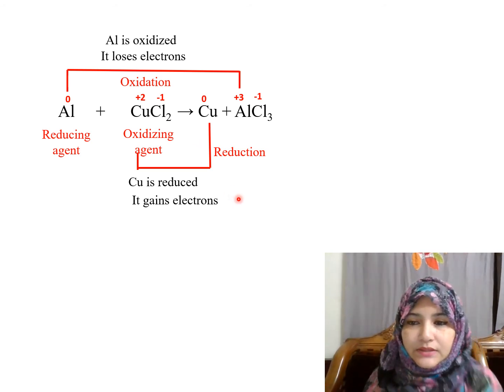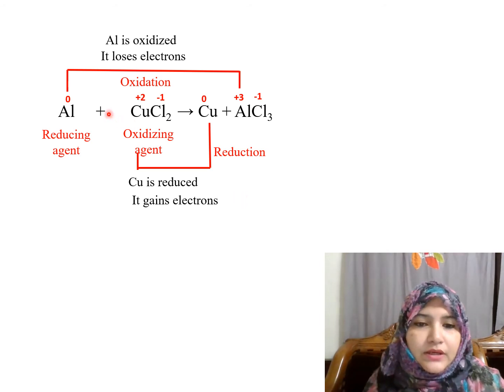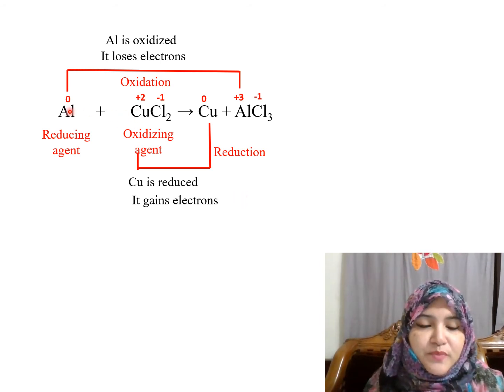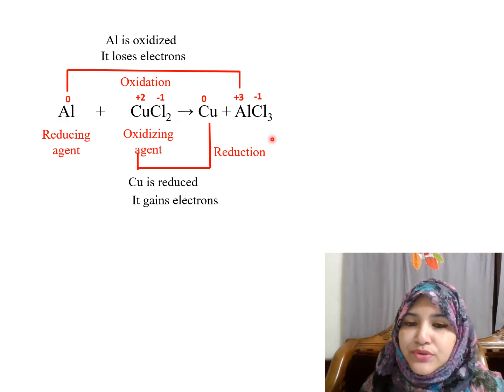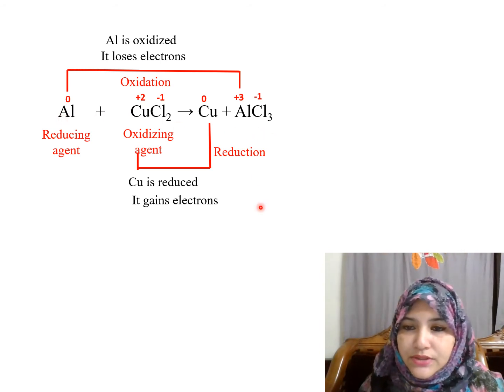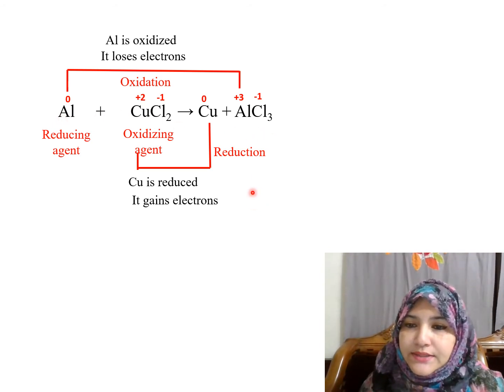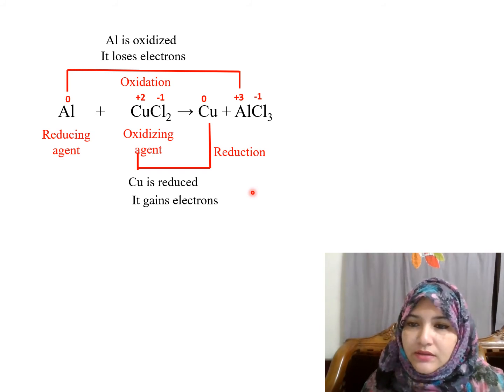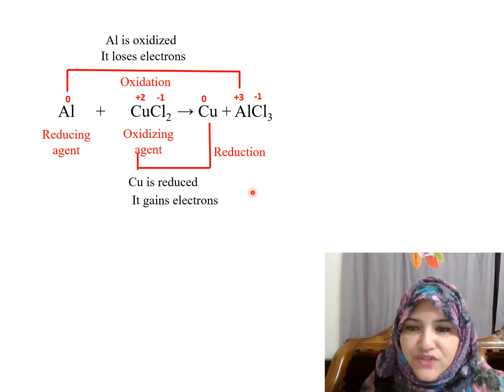And here copper is displaced by aluminium and produces aluminium chloride, a new compound. And then there is a transfer of electrons.